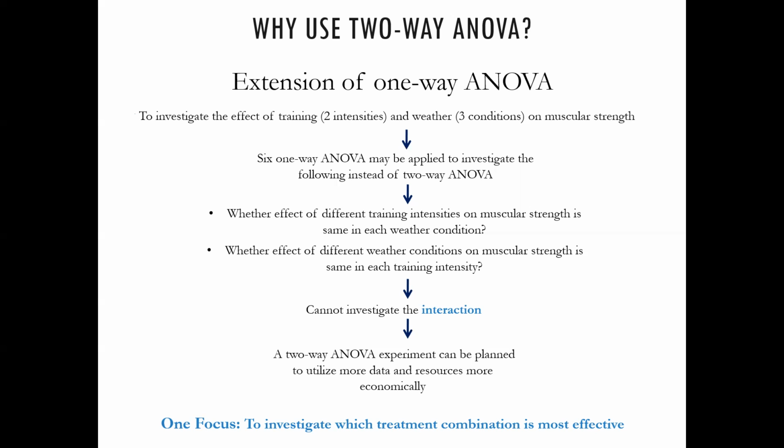So that's where we would conduct a two-way ANOVA experiment. This way we can look at each of those individual effects as well as the interaction between our two independent variables. And in this way, we're utilizing more data and resources more economically. So for example, our focus for a study like this might be that we want to investigate which treatment combination is most effective.